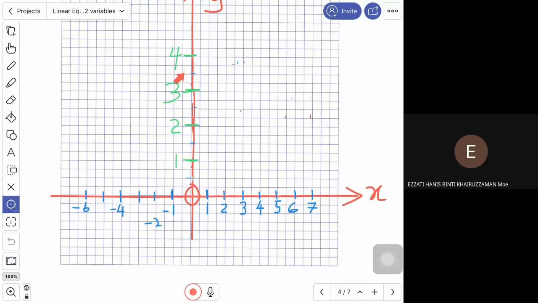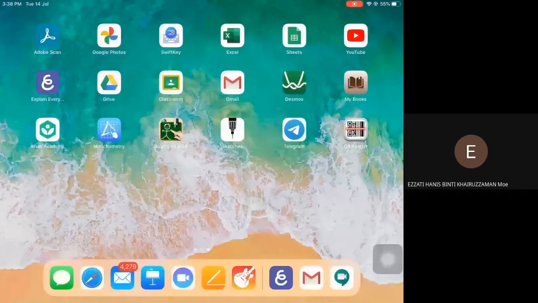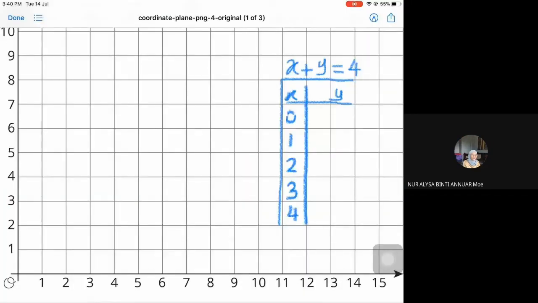So next is how are we going to represent our equation on a graph. Okay, I hope you can get ready with your pencil and paper. Okay, for example, we have the equation x plus y equals to 4.